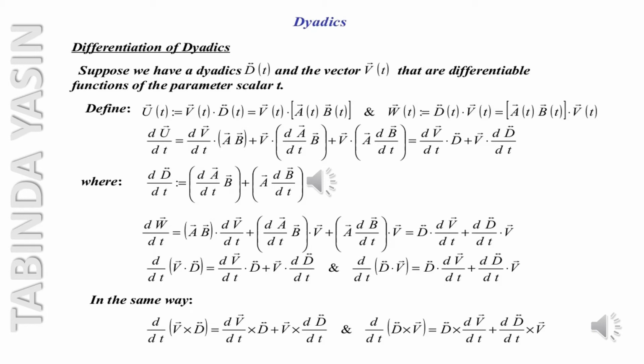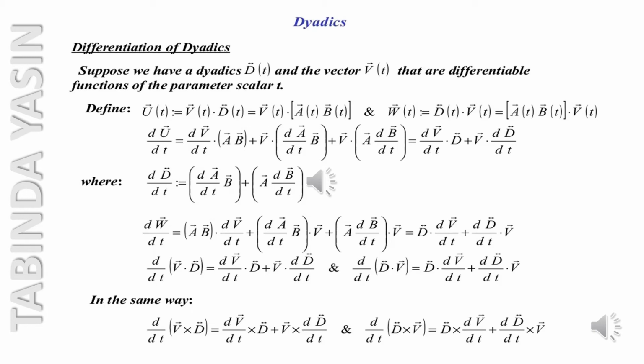The differential will be written as dU/dt equal to dV/dt dot A B plus V dot (dA/dt) B plus V dot A (dB/dt), which is dV/dt dot D plus V dot dD/dt, where dD/dt is equivalent to d/dt of (A B), that is (dA/dt) B plus A (dB/dt).